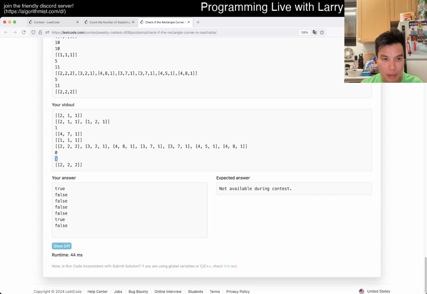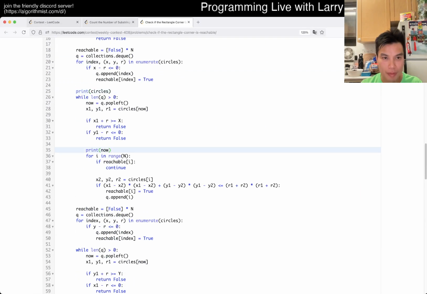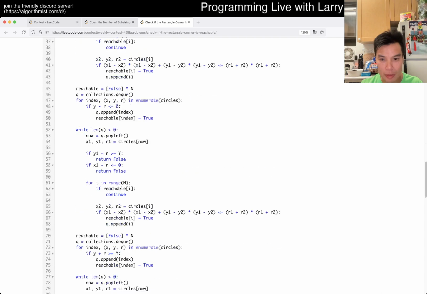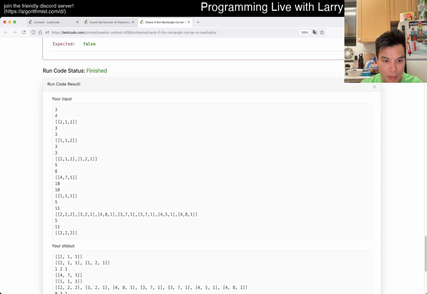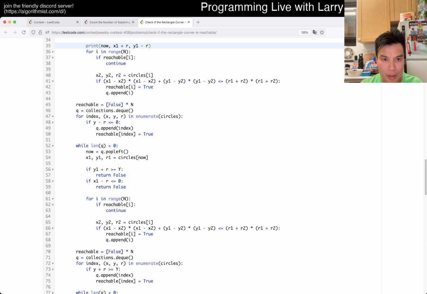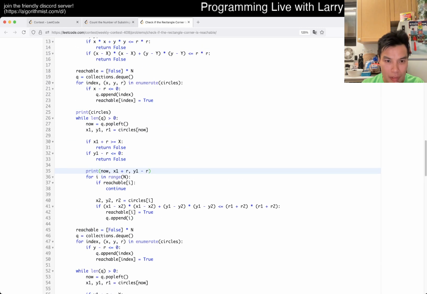Zero, 1, but 0 should just be good. Did I mess up X1, Y1?